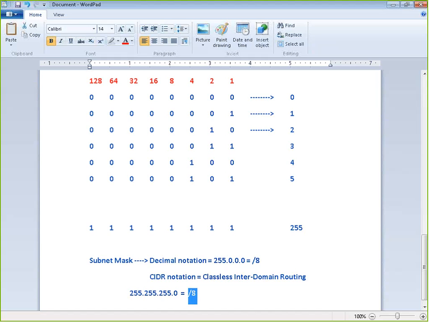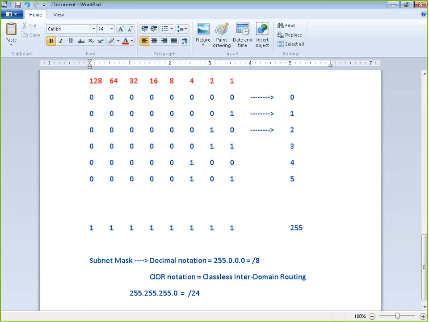You have to just count the number of bits that are ones. According to this, this much is 8 bits. Do you agree? The portion that I've highlighted is 8 bits. So 8 plus 8 plus 8 is 24. So effectively this is /24. Do you understand that?